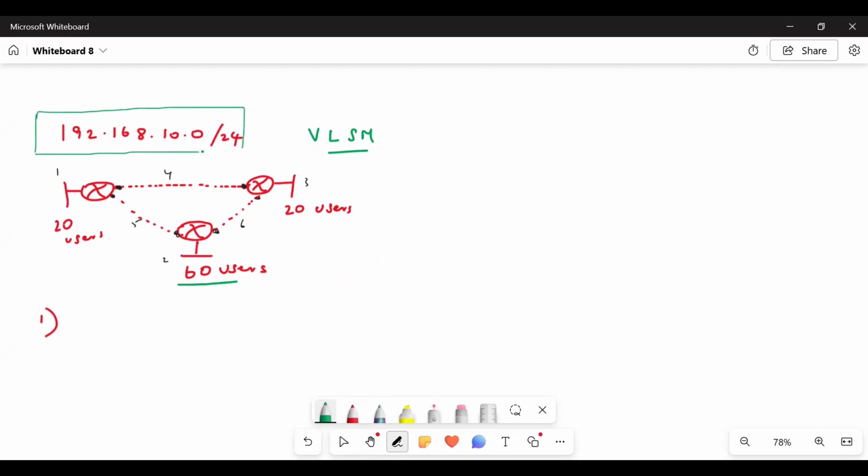This given IP address belongs to class C. Then the default subnet mask: what is the default subnet mask for class C?